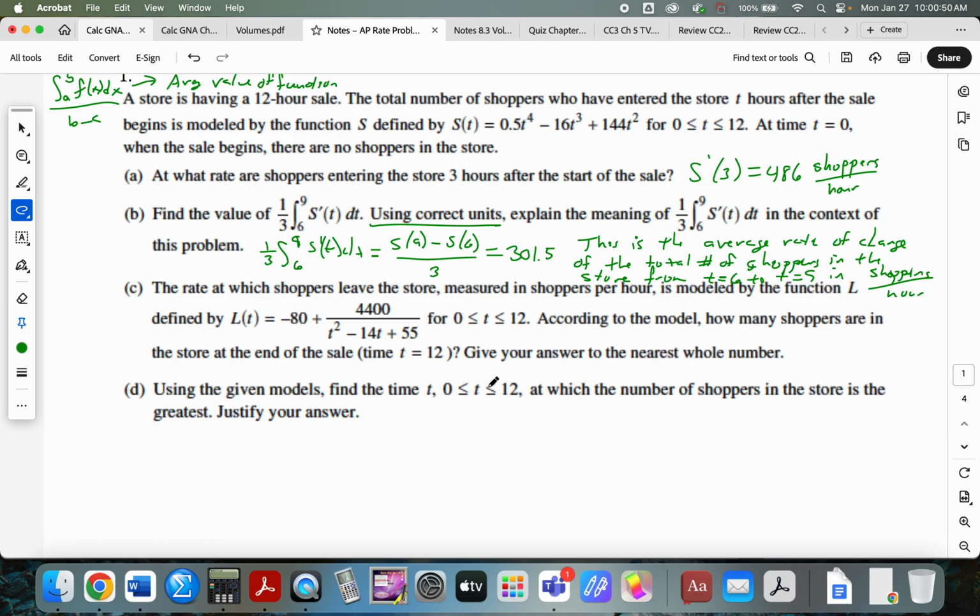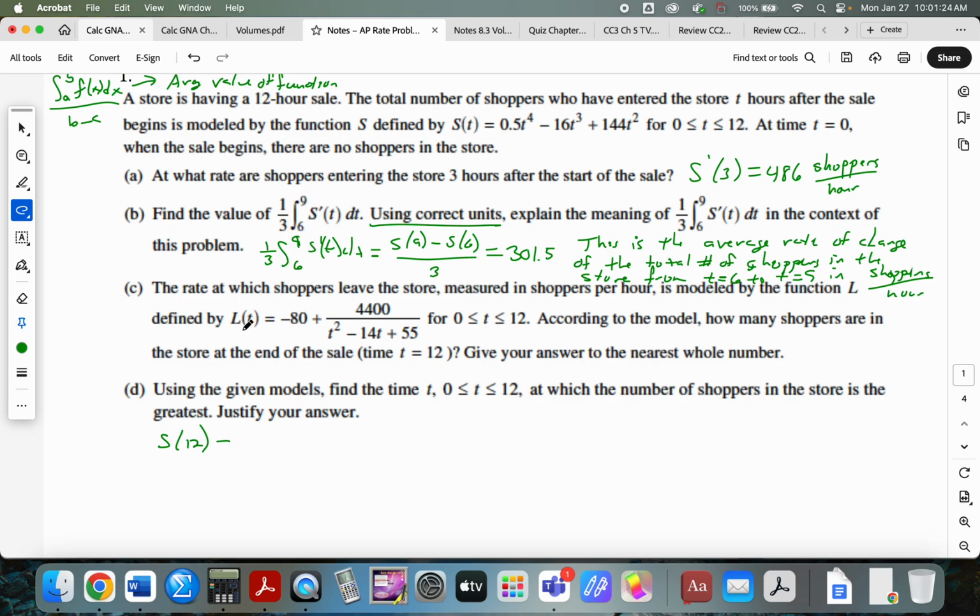All right. So this one is a little different than a lot of times you're given two rates. Here you're given an actual value and a rate. So the total number of shoppers that have entered the store is going to be S of 12, because S is the total number of shoppers who have entered the store. I'm going to have to subtract from that.